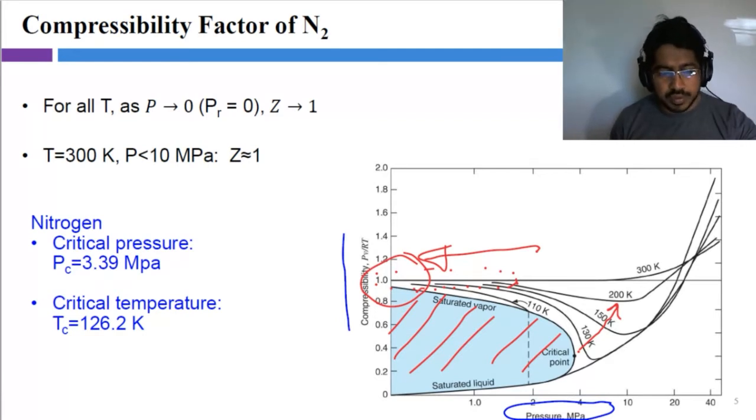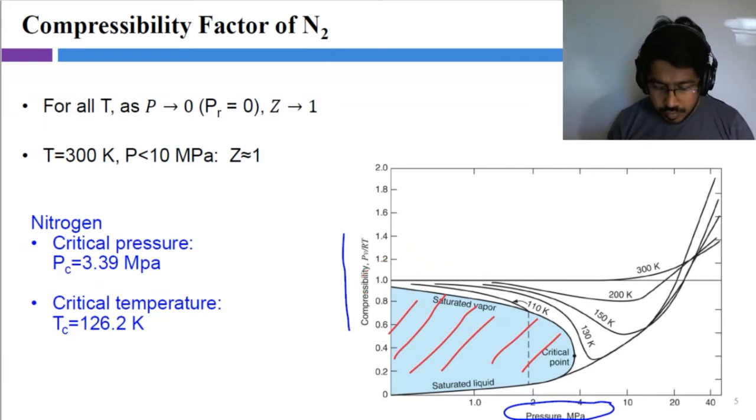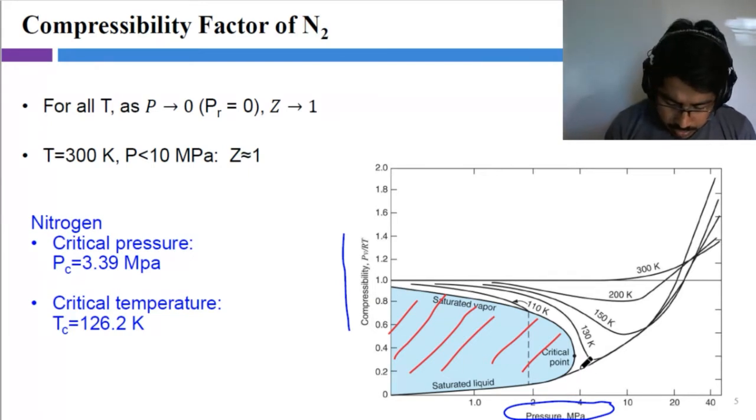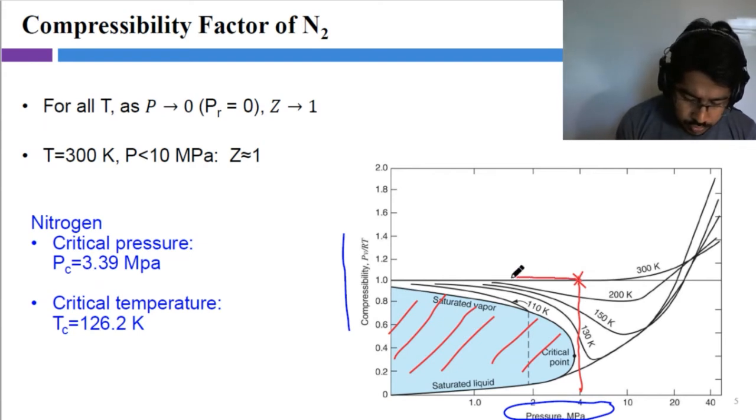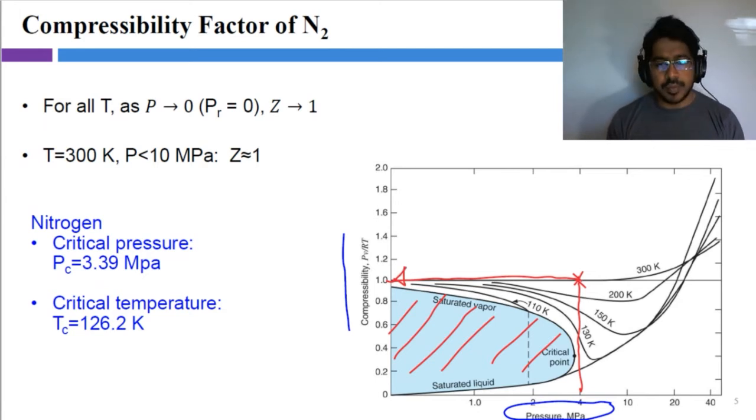Like if you want to calculate the compressibility factor for nitrogen at a given point, then simply what you do is you pick your pressure. Let's say it's 4 kilopascals, and if it is 300 Kelvin, so you just go up here and find the place where you cut the isothermal line, and then you go along this line and find your compressibility factor.